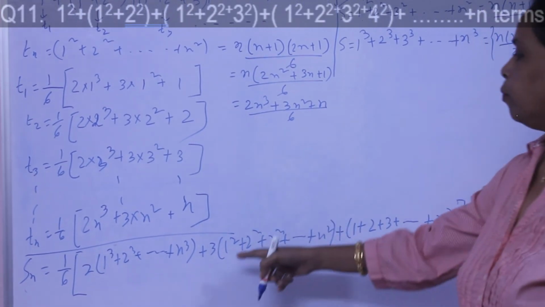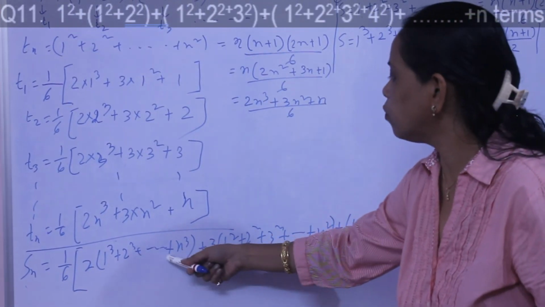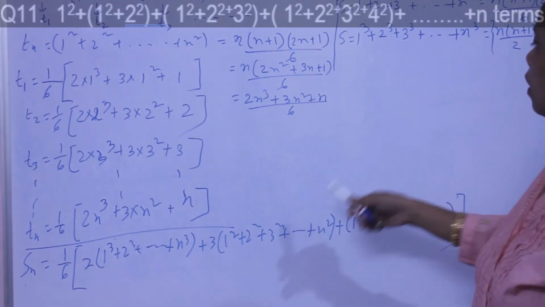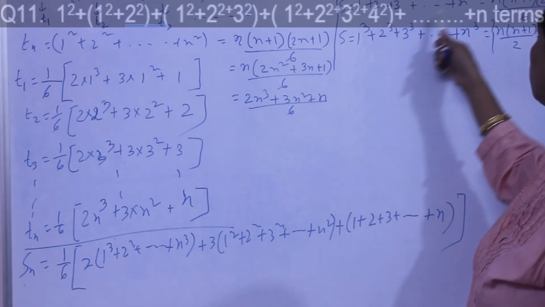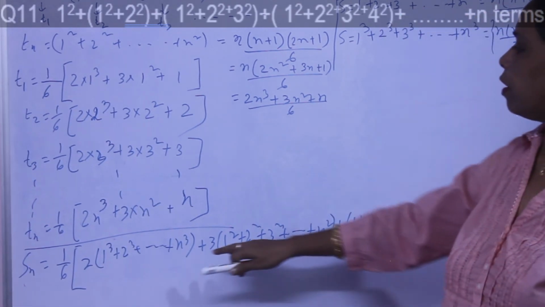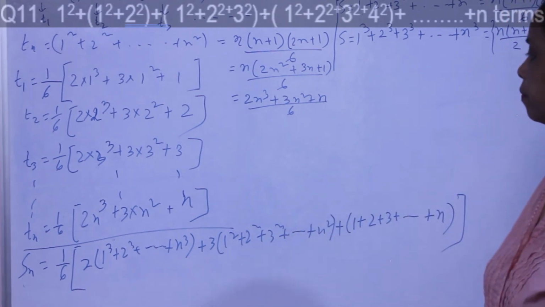Again you have to put the value of 1 cube plus 2 cube up to n cube, that is this one, and 1 square plus 2 square plus 3 square, that is this one, and 1 plus 2 plus 3, that is this one. Put the values here and you will get the result.